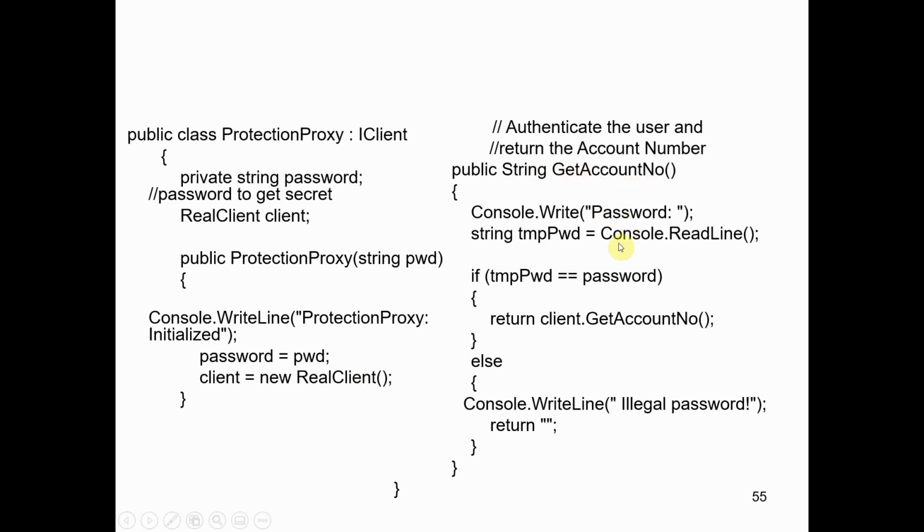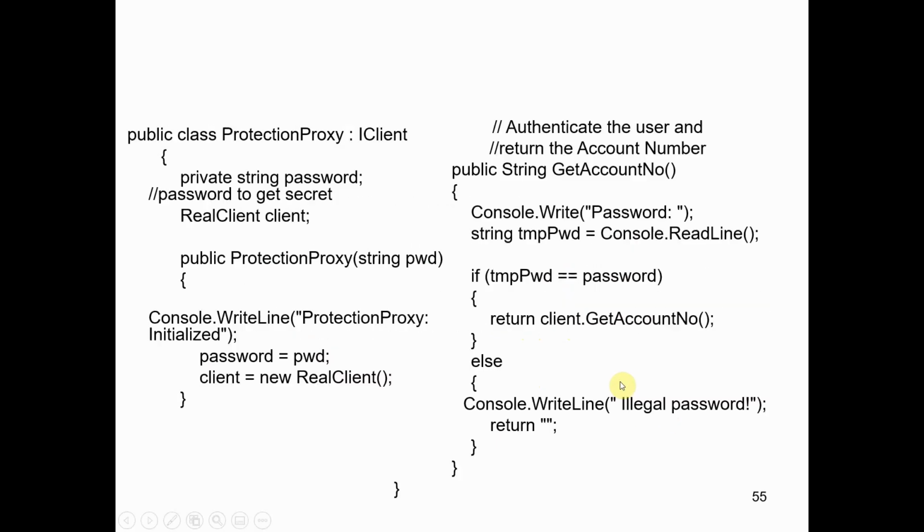You first ask for the password, and once the user enters the password, you check if the entered password is the same as the password assigned when you first created this proxy. If they're the same, then you forward the request to the real client to get the account number. Otherwise, you say illegal password.